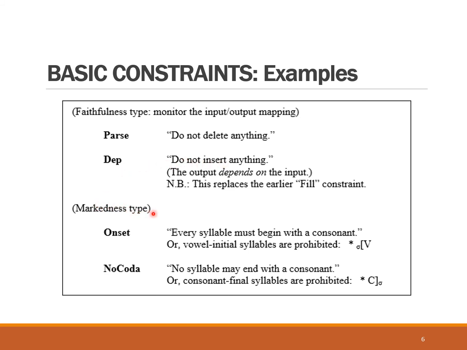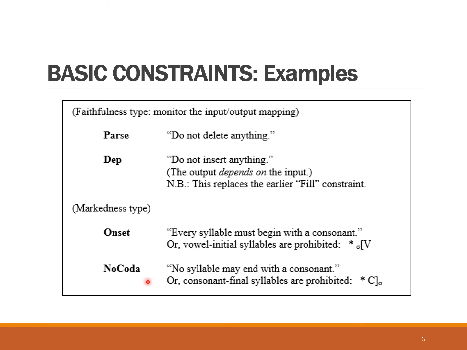The other type of OT constraint is called the markedness type. Here you have a structural requirement that applies only to the output form. For example, onset requires that every syllable must begin with a consonant, and a structure without one is prohibited.